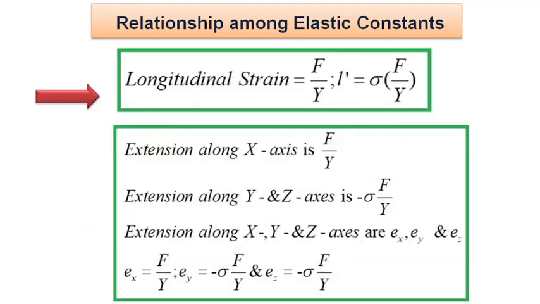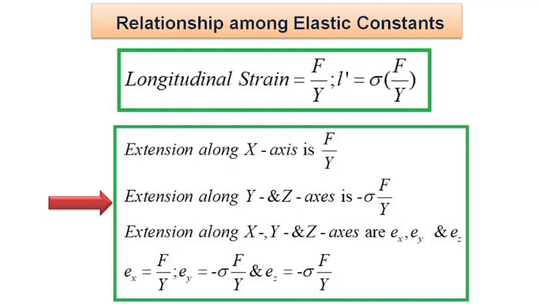Now longitudinal strain is equal to small l, or we can say elongation produced along the x direction is equal to capital F divided by Y. Compression l dash, or negative elongation along the y direction as well as the z direction, is equal to sigma into capital F divided by Y. Extension along the x-axis is given as capital F divided by capital Y, and extension along the y and z axes is minus sigma into capital F divided by capital Y. Extensions along the x, y and z axes are Ex, Ey and Ez.